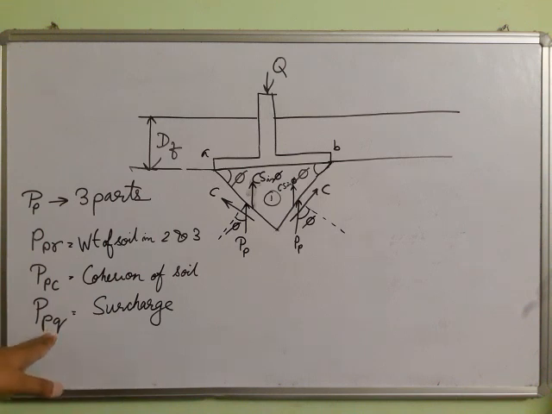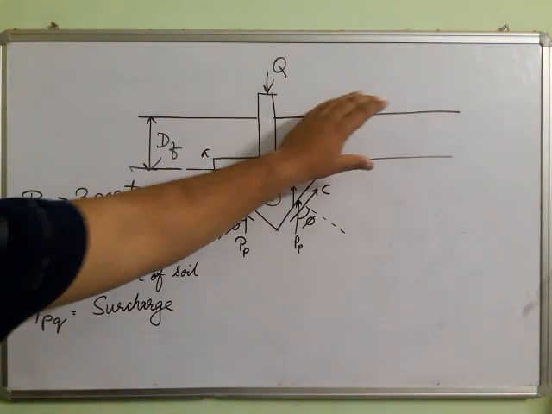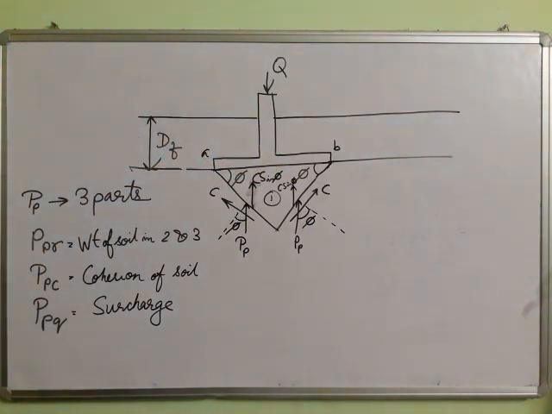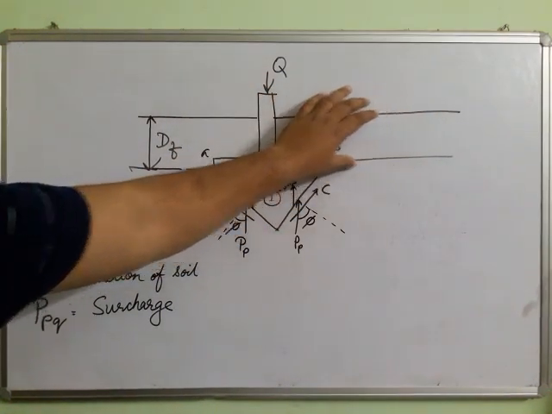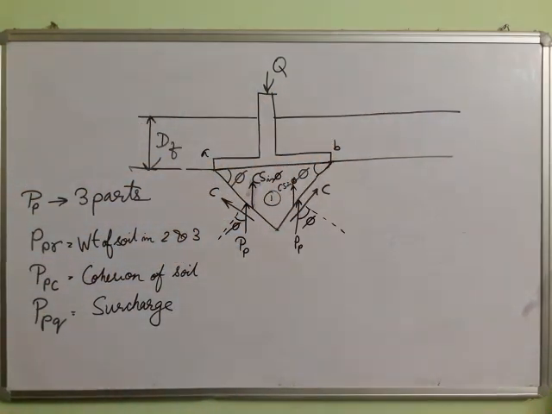So PPQ is related to the surcharge. You have to remember that PP consists of three parts: one related to the weight of the soil in zones 2 and 3, one related to the cohesion of the soil, and another related to the surcharge, which is given by the load of the soil in this location.